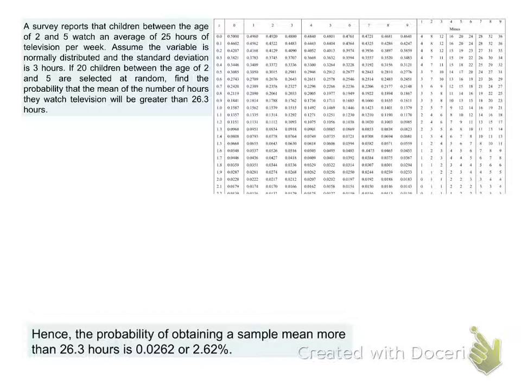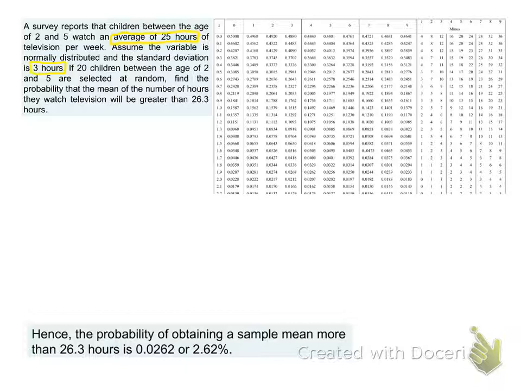Now, a survey reports that children between the ages of 2 and 5 watch an average of 25 hours of television per week. Assume the variable is normally distributed and the standard deviation is 3 hours.